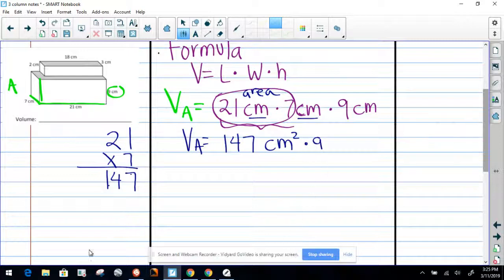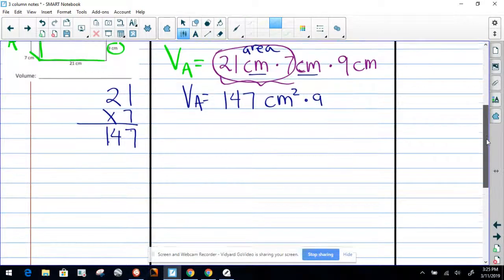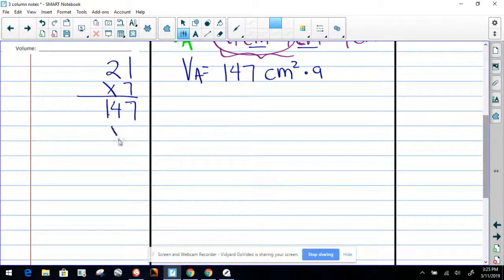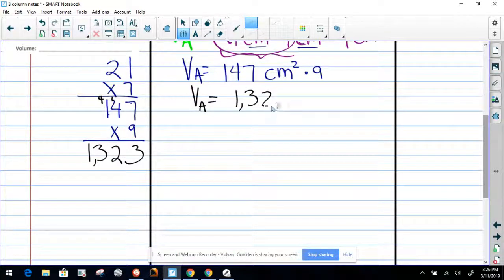Now I'm going to multiply the area times the height. 9 times 7 equals 63. You carry 6 over. 9 times 4 is 36, plus 6 equals 42. You carry 4 over. 9 times 1 equals 9, plus 4 equals 13. So now we know that the volume for shape A equals 1,323.